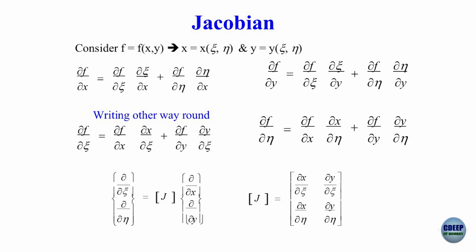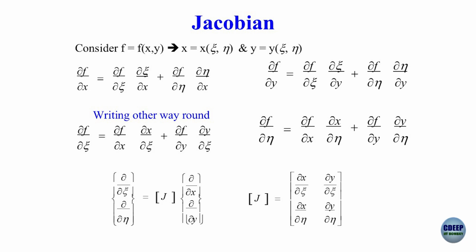So, you would have written this chain rule, dou f by dou x, and similarly dou f by dou y, correct? Anybody who is not familiar with the chain rule of differentiation? No one, right? All of you are comfortable with that. But I would want you to actually write it the other way around and write it like this, dou f by dou zeta. Why, it becomes evident shortly, and dou f by dou eta.